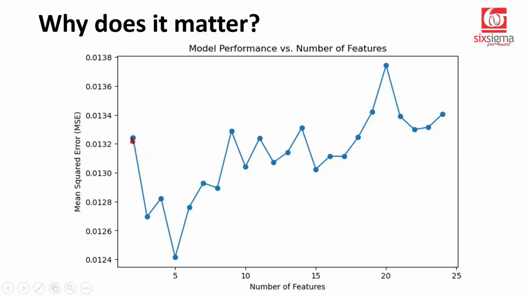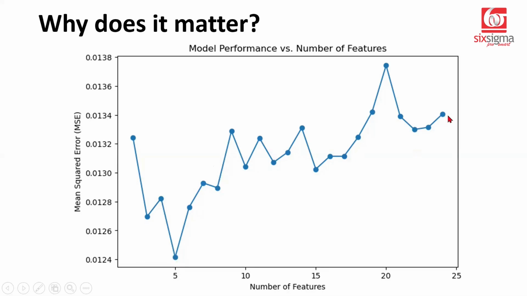Now you can see when we only use 2 features, we had certain amount of error. When we increase the number of features to 3, the error reduced. When we increased to 4, it further went down a little bit. When we took it to 5, the error is the lowest. Now if we are taking it beyond 5, it kind of varies, but obviously it's not better than what we have at 5. So the error that we're getting is lowest at 5.